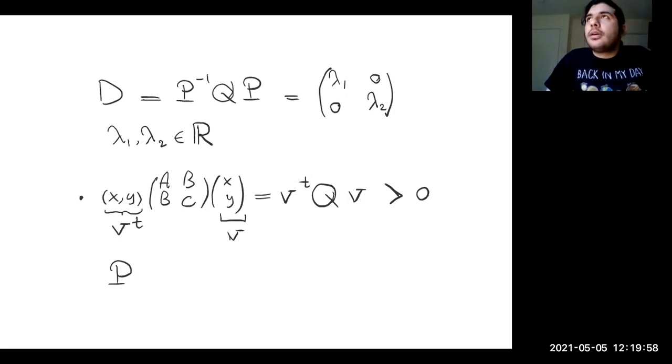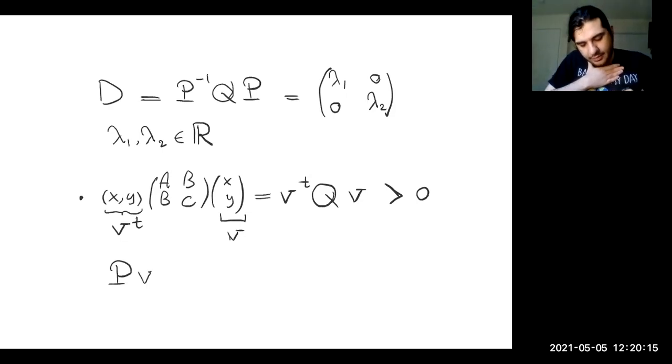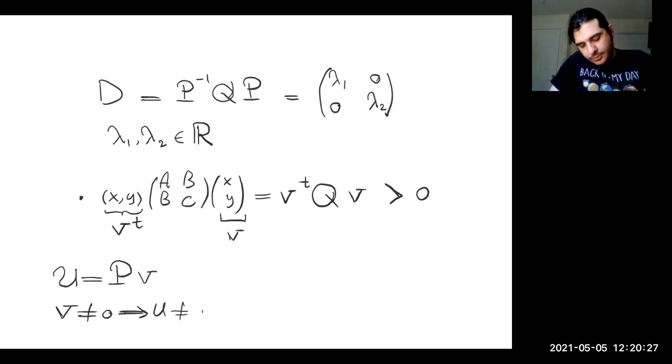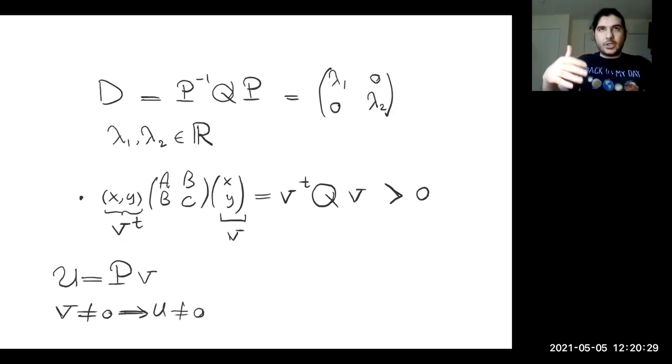So if I multiply this vector v by P, I would get another vector. Let's call that u. The point is that if v is non-zero, therefore u would be non-zero too, because P is invertible. So its kernel is only 0.